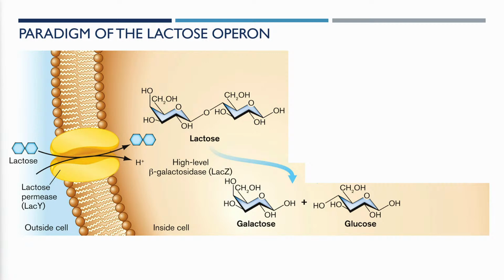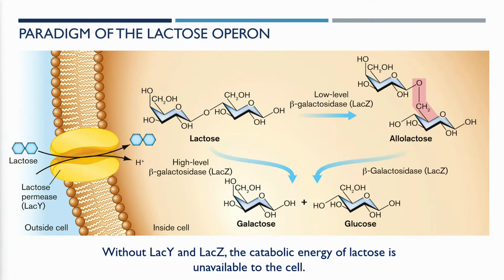In another scenario, when there are low levels of beta-galactosidase, lac-Z, then you have lactose converted into another molecule called allolactose. This conversion will become important later in the lecture, but it's important to know that when there's a lot of beta-galactosidase, this enzyme can break down lactose, and then you can have glucose go straight into glycolysis.